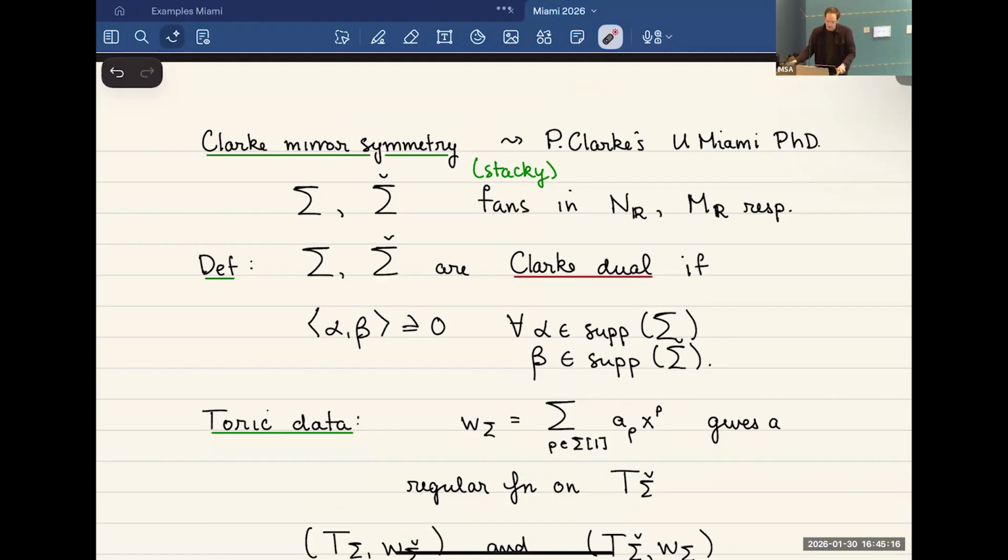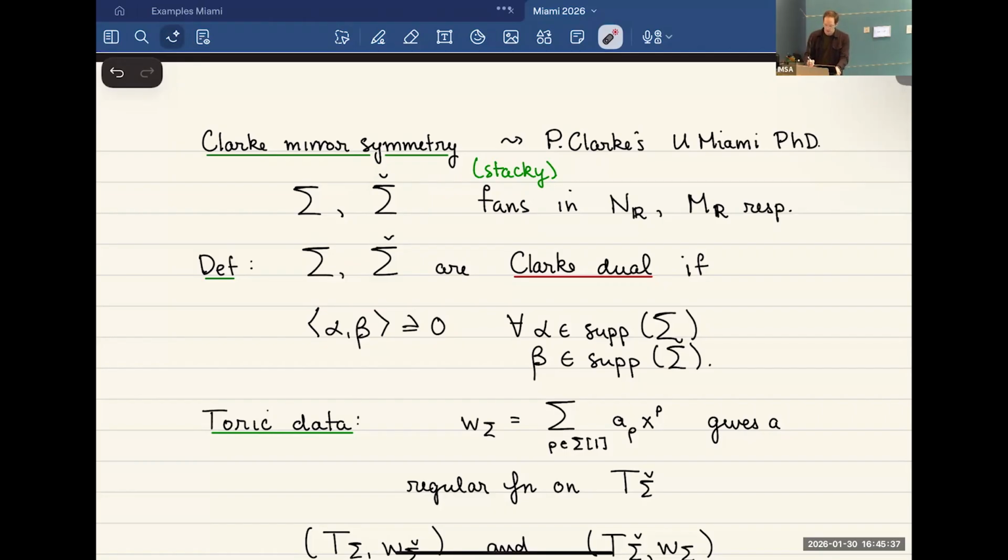So the idea is to take two different fans, and I'll be a little bit more broad than Patrick was and talk about stacky fans. When I say stacky fans, I mean something very naive: essentially take a fan and allow scaling of the ray generators of this fan. So you can build a toric stack from that data.